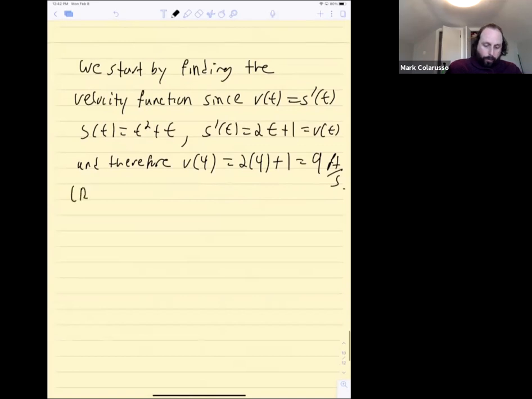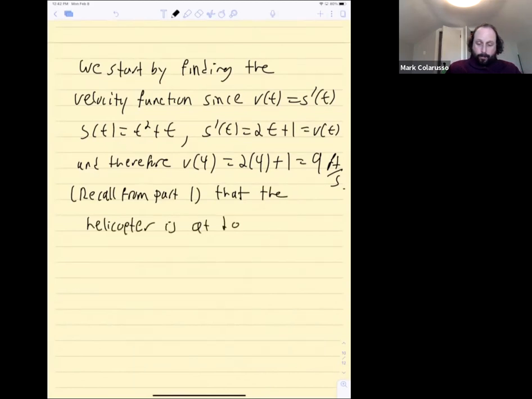So recall from part 1 that the helicopter is 20 feet off the ground at 4 seconds.